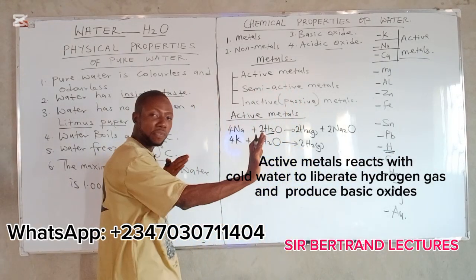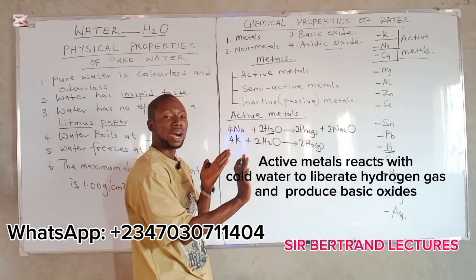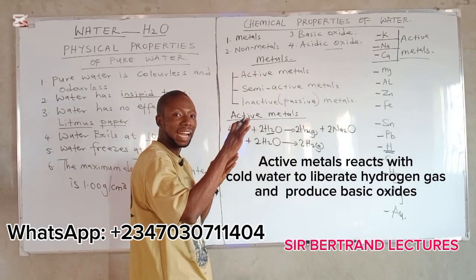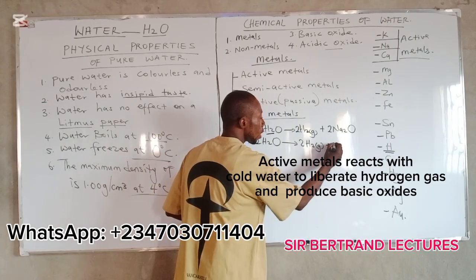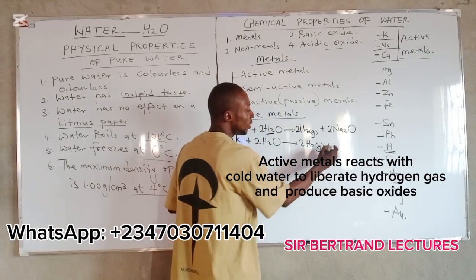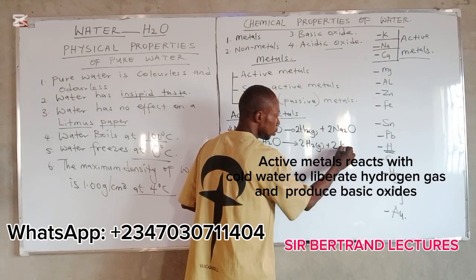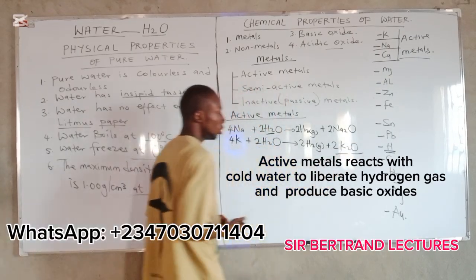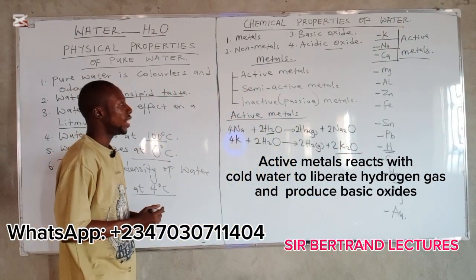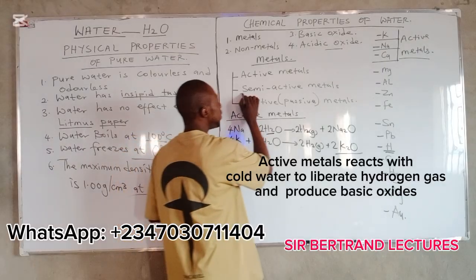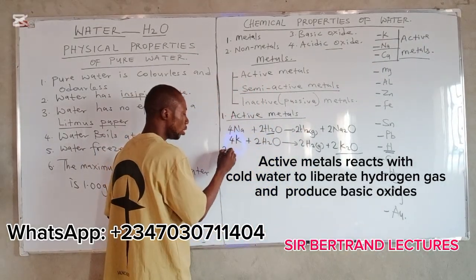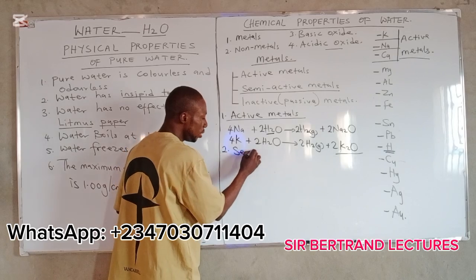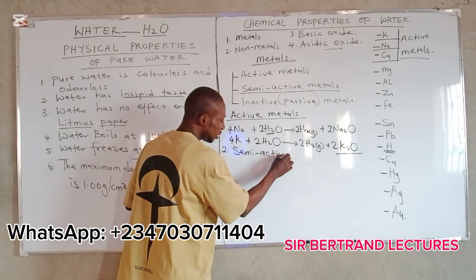That is why they knock off hydrogen so that hydrogen will go out from the reaction as a gas, which we call hydrogen gas. Then the basic oxide is produced. Do you understand? All right. Now let's look at semi-active metals. Here is number 1. Number 2 is semi-active metals.